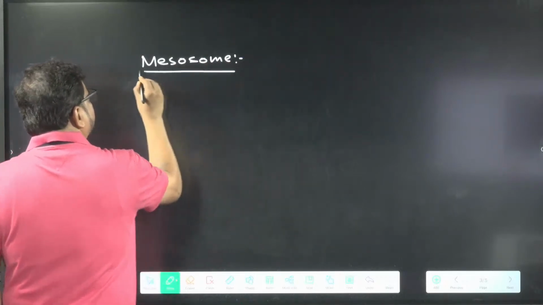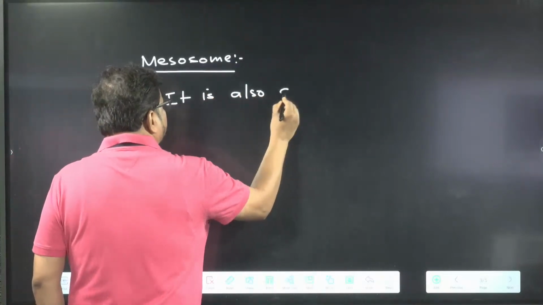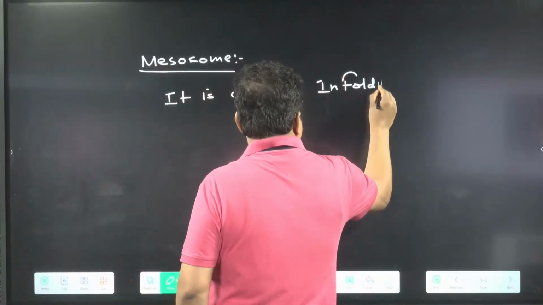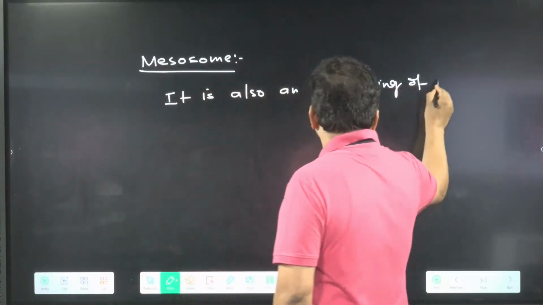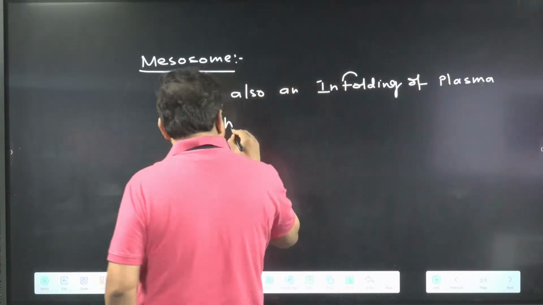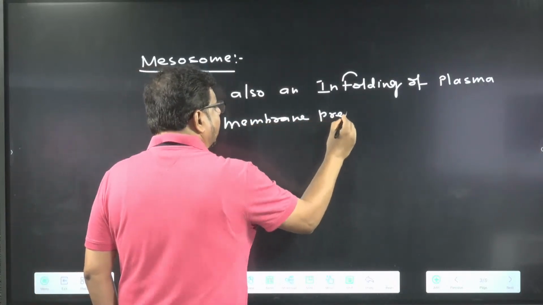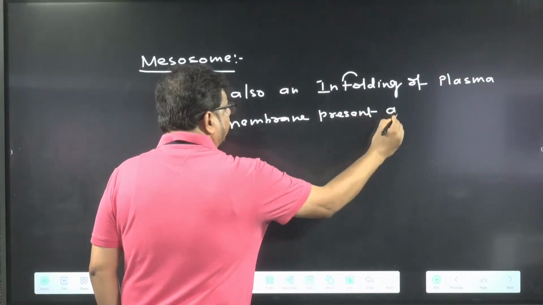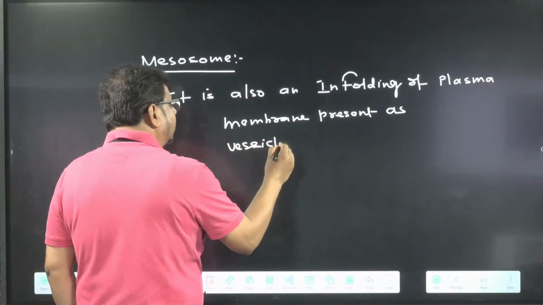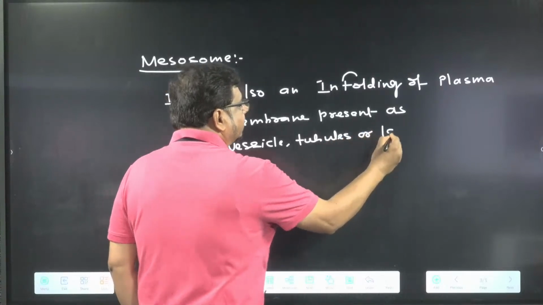So mesosome is also an enfolding of plasma membrane, present as vesicle, tubules or lamella.